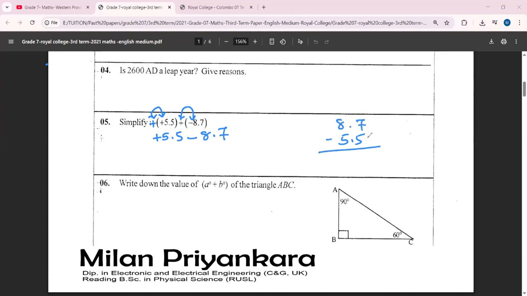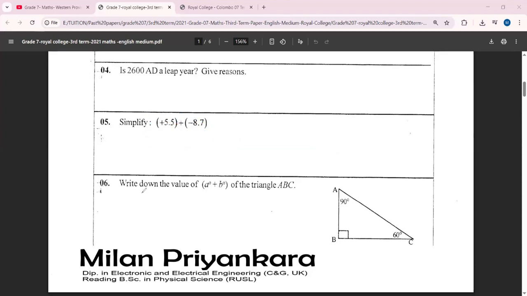Let's subtract: 7 minus 5 is 2, 8 minus 5 is 3, so it is 3.2, but it is minus 3.2 because the answer gets the sign of the larger magnitude, which is 8.7. So if there are two signs, we subtract the smaller magnitude, 5.5, from the larger magnitude, 8.7. I hope you understand this.